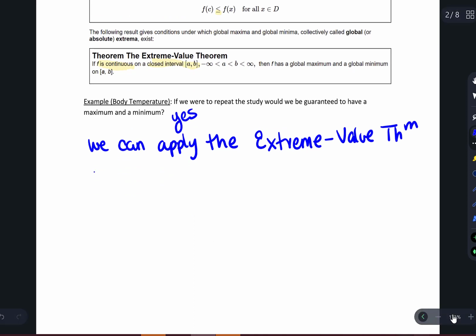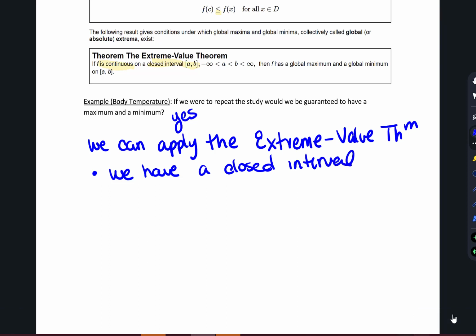Well, first notice we have a closed interval. We were interested in the 24-hour time period. So our closed interval would be from 0 hours to 24 hours.